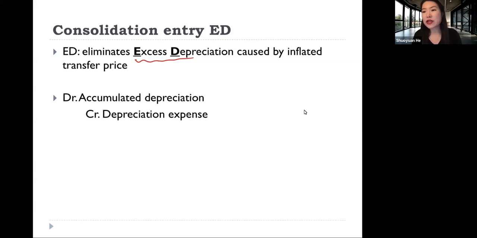But in some situations, the transfer may be at a lower price and make the asset decrease in value. In that situation, we just need to reverse these two sides of the journal entry. The entry would be to debit depreciation expense, credit accumulated depreciation.